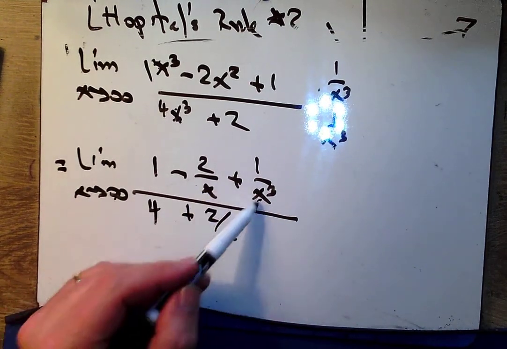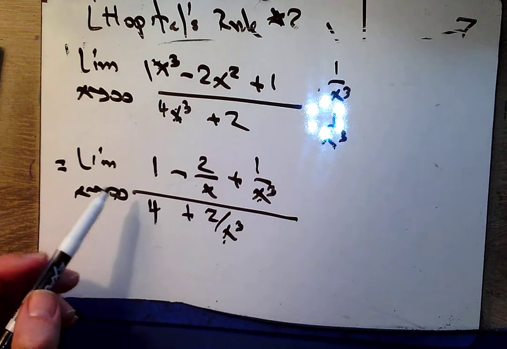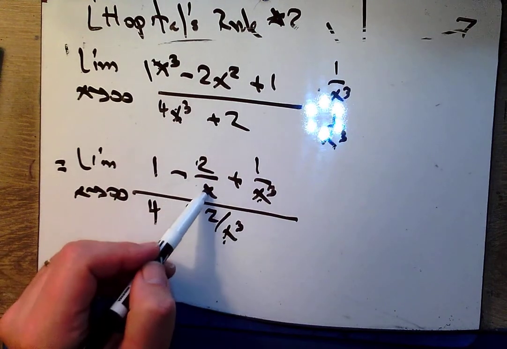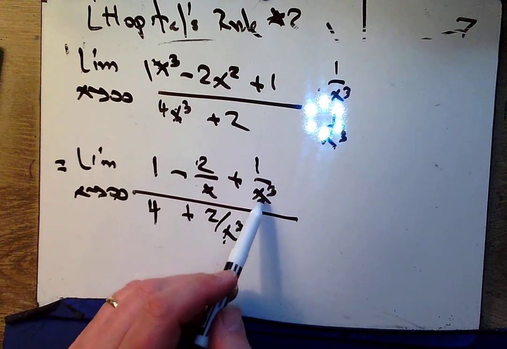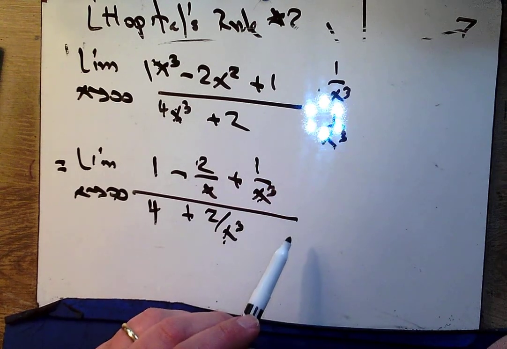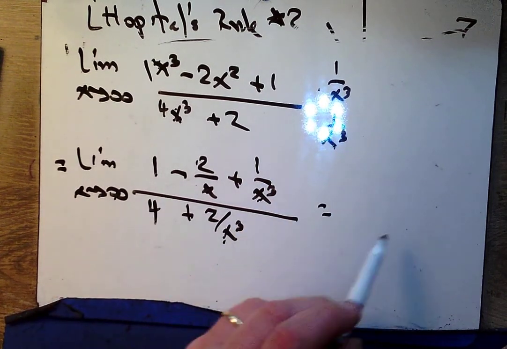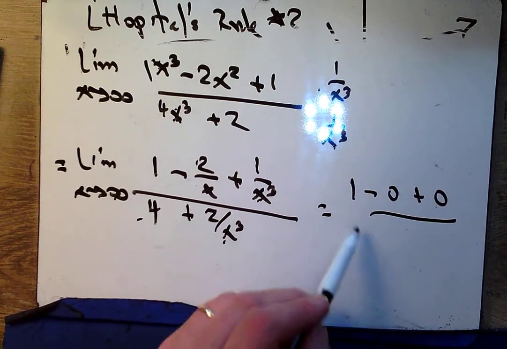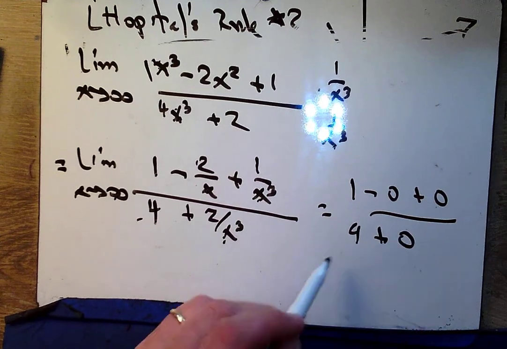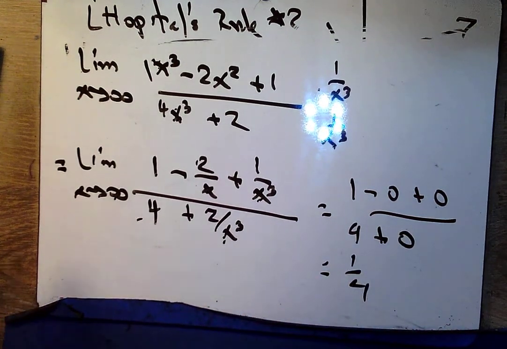Now when I plug these infinities in for x's, I get 2 over infinity. Well, that's no pizza for you. And 2 over infinity cubed, definitely no pizza for you. And so all we're left with is 1 minus 0 plus 0 over 4 plus 0. And so we can get 1/4 that way.